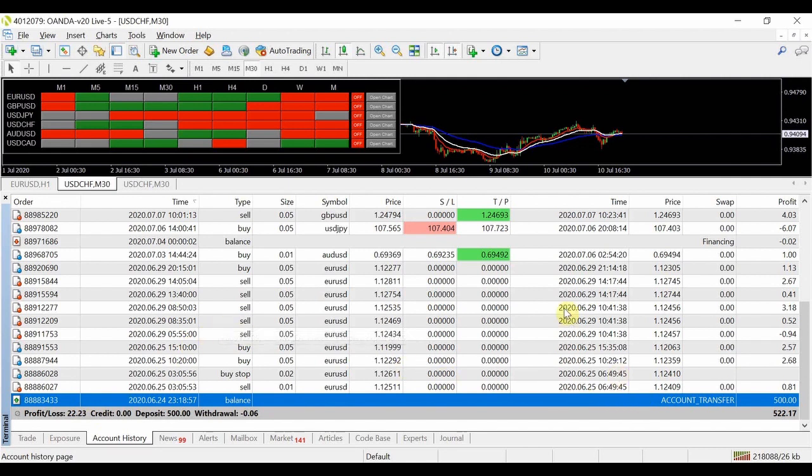£22 doesn't really seem that exciting, but what does excite me is that in under a month, I've made a 4.5% return. And that's the bit I want you guys to take away from this, the percentage return. Because if this was a £5 account, a 10 grand account, a 30, 40, 50 grand account, then a 4.5% return is actually quite a bit of decent money.